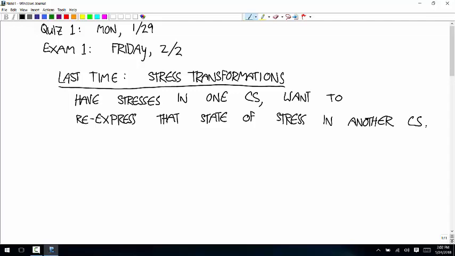The formula is that the stress tensor in the new coordinate system is equal to the rotation matrix times the stress tensor in the old coordinate system times the rotation matrix transpose.